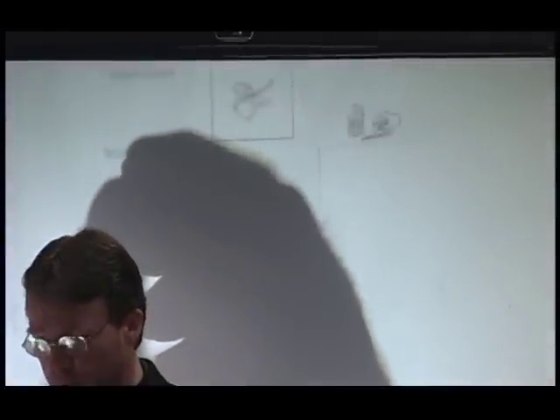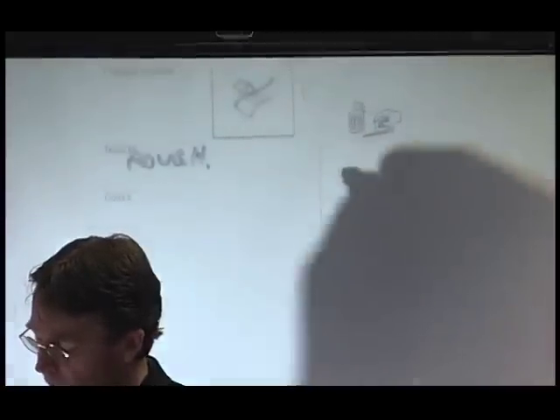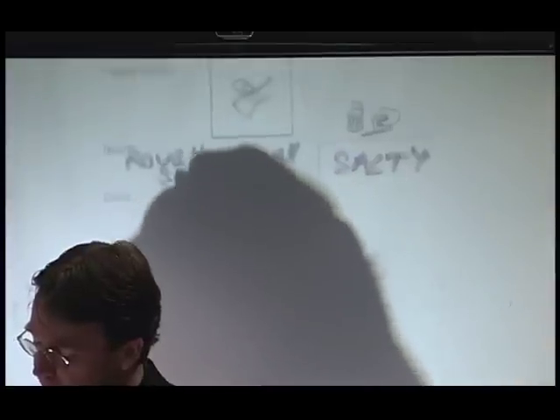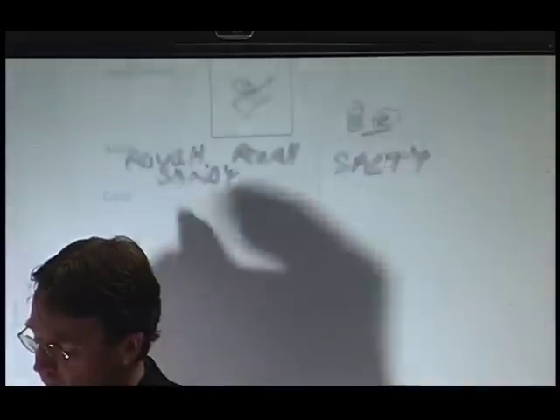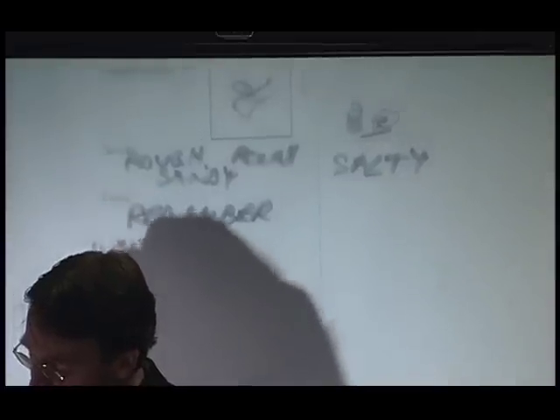Pen here, textures, rough. Next texture is, I got the word salty. Salty is not a texture. Back to the pen here, textures, rough again. Sandy. Colors, red, amber, white, yellow.